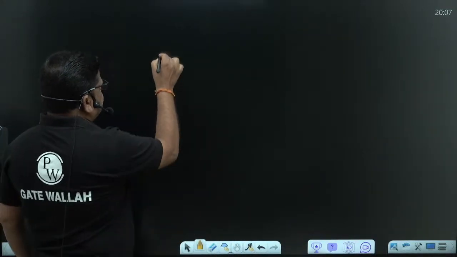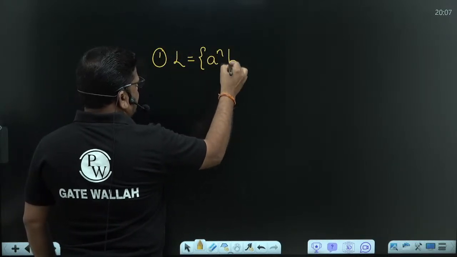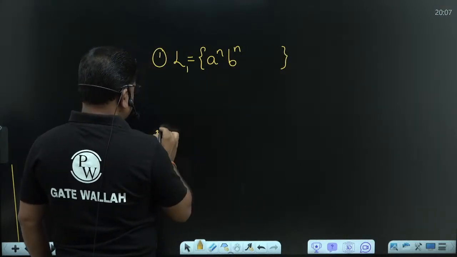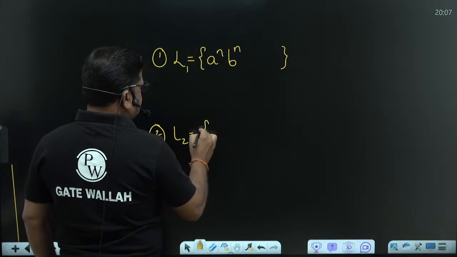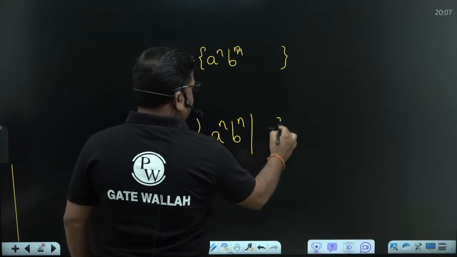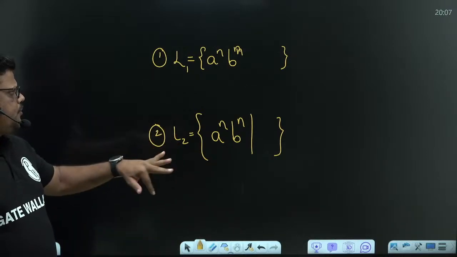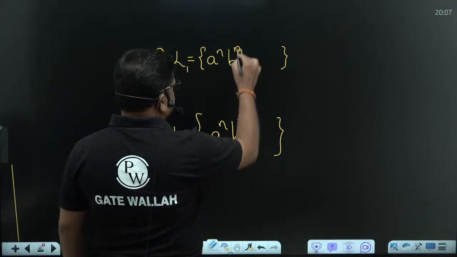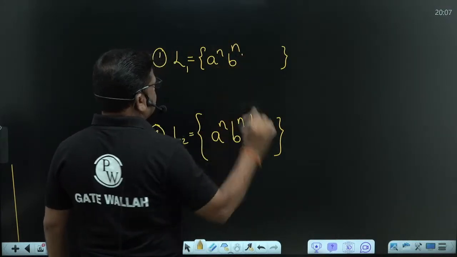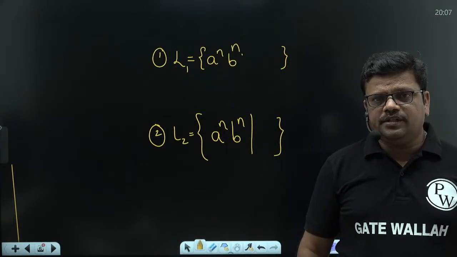So observe some languages here. I have two languages, L1 and L2: a^n b^n, and a^n b^n again. One of these languages is regular, and one is not regular.